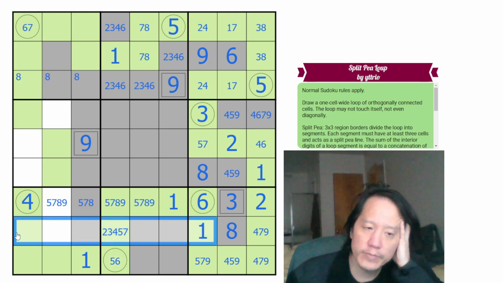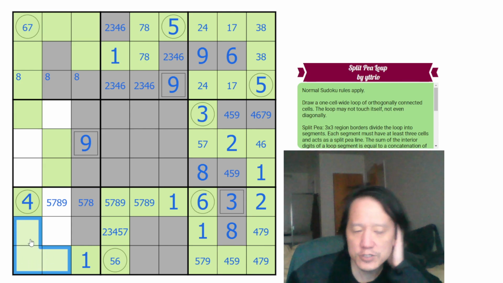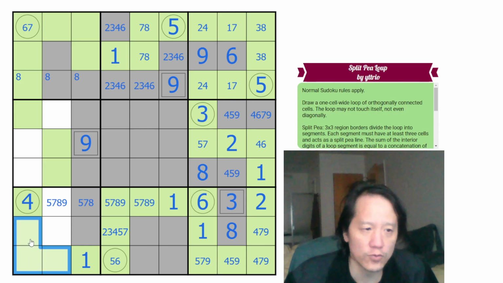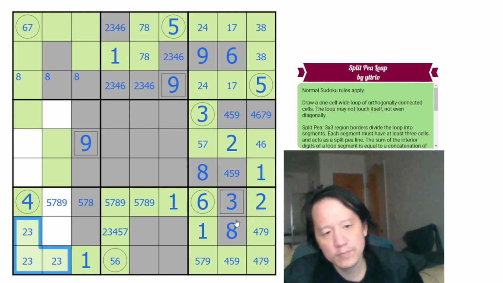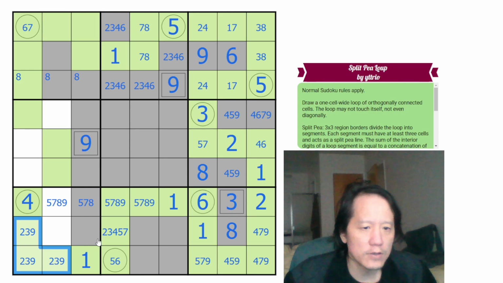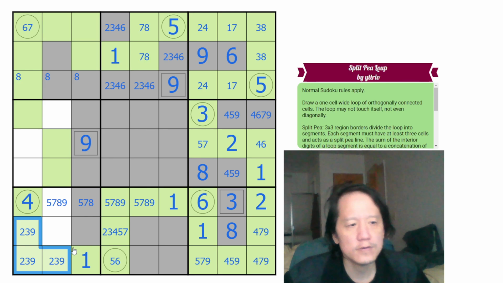Okay, 8 cannot be here. This adds up to 14 without a 1 or 4. So it could be 2, 3, 9. It could be 2, 5, 7. Or 3, 5, 6.